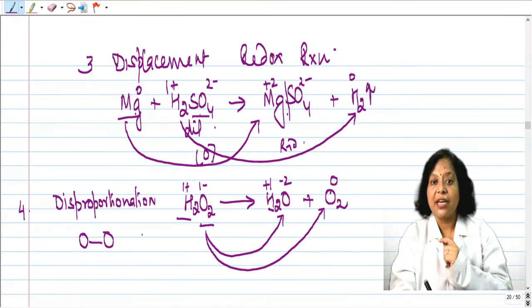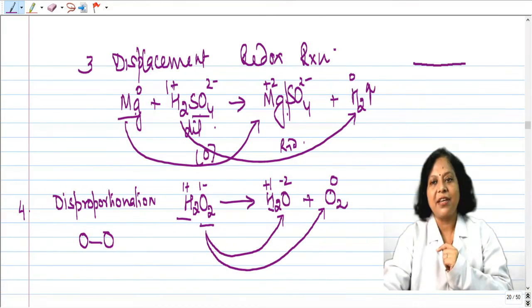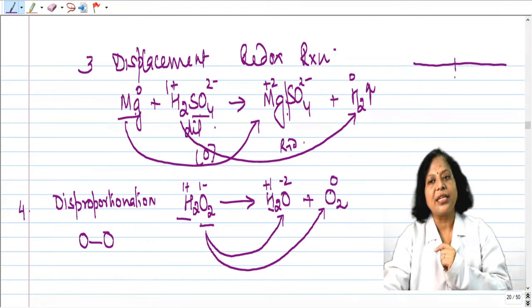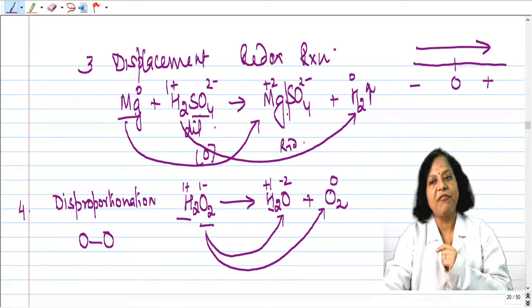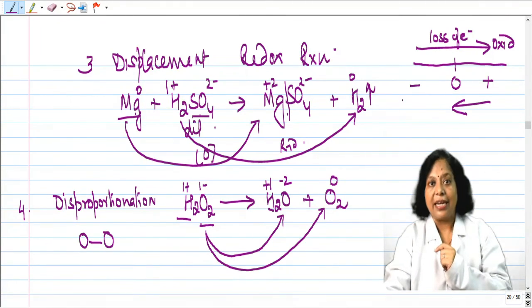Now this is a redox reaction. Try to understand, if we take the charge scale, this is 0, this side is plus, this is minus. Whenever we move in this direction, it is oxidation, which takes place because of loss of electrons, and when we move in left direction, it is always reduction, and it takes place because of gain of electron.